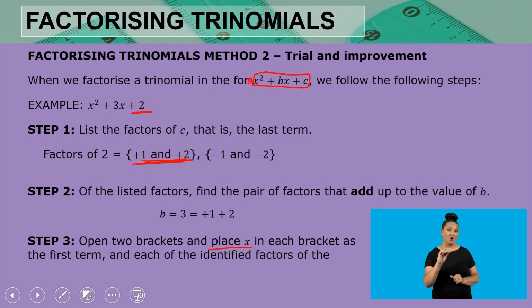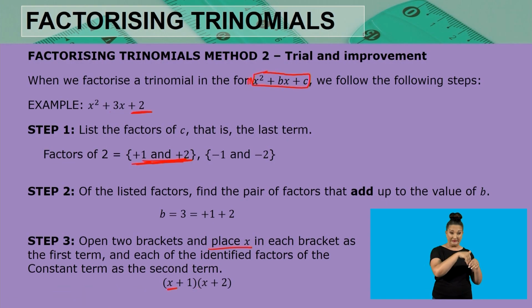Each bracket is going to have x, and then we are going to take those two factors that we've identified, and those are the ones that are going to go into that bracket. Do you see that positive 1 and that positive 2? We're just going to write them into our brackets as you can see them there.